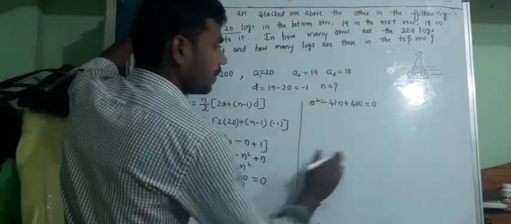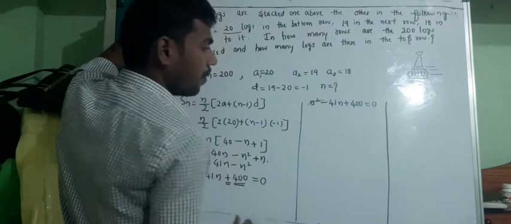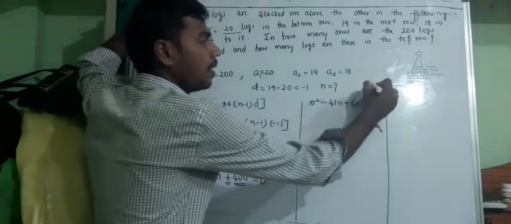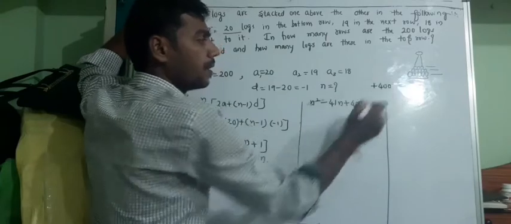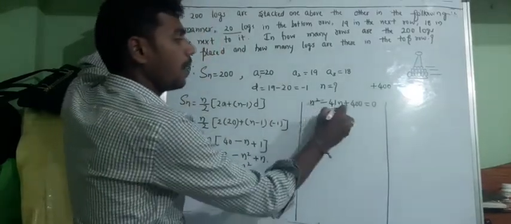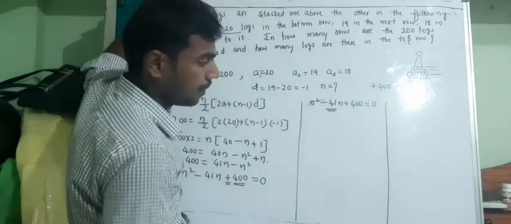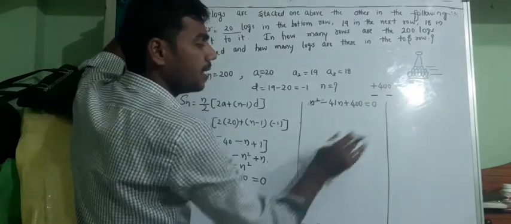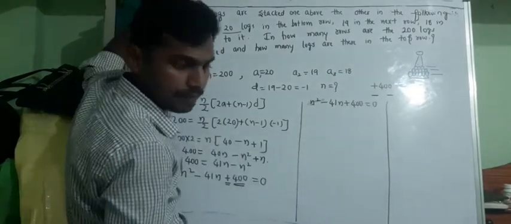See, in this, when I multiply, I should get plus 400. When I add or subtract, I should get minus 41. When minus is there, minus into minus, plus will come.